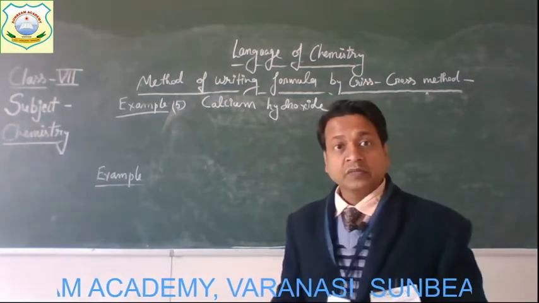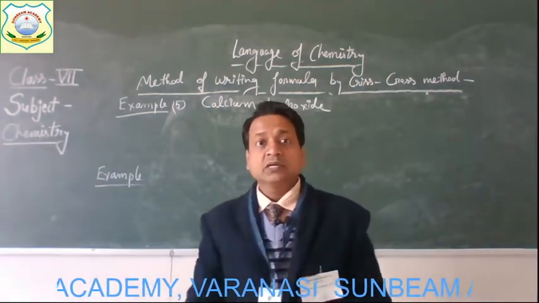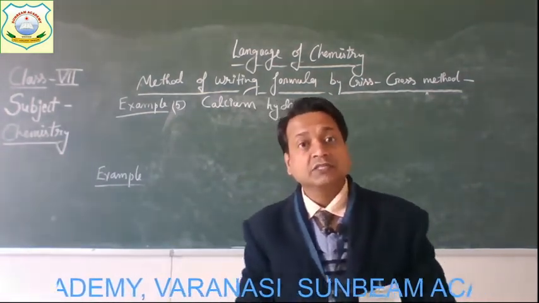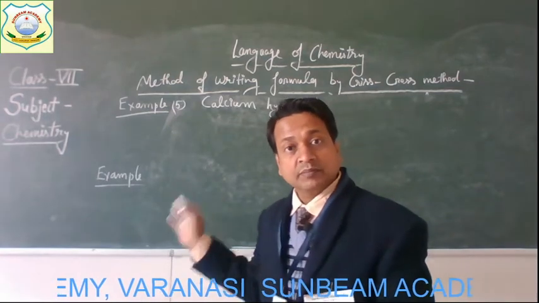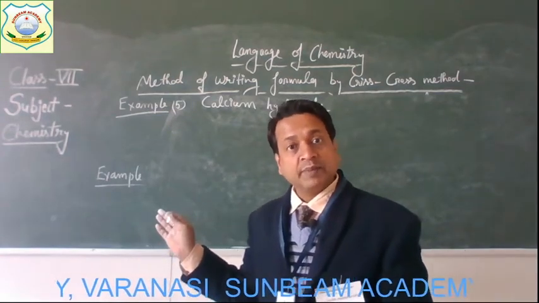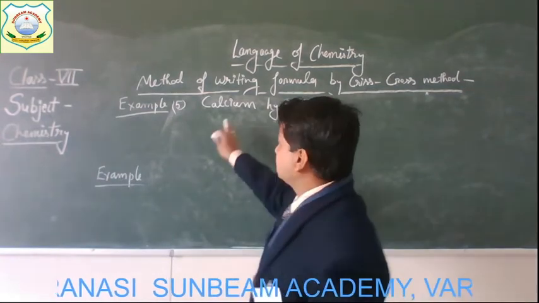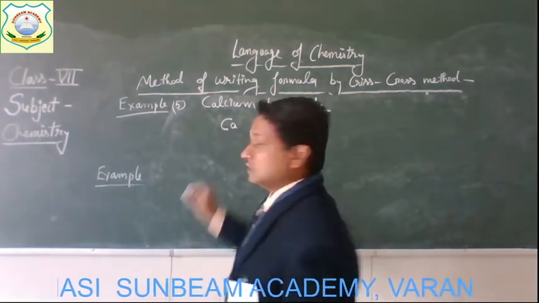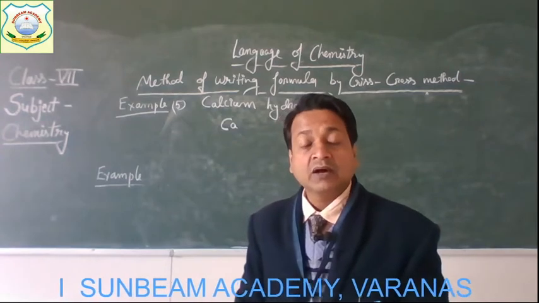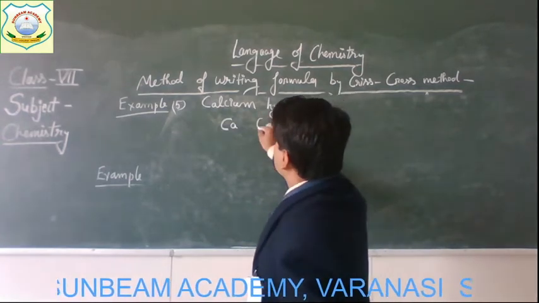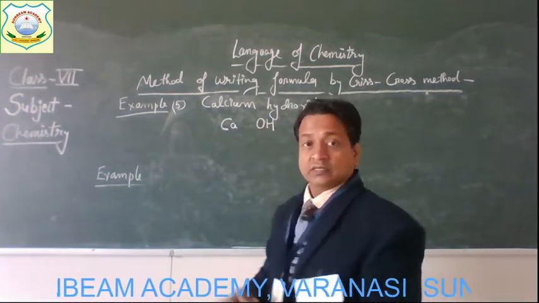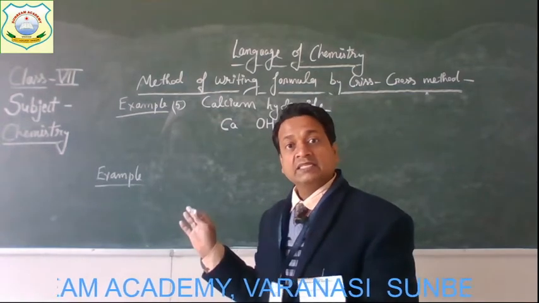Okay children. According to the rule, the first step is we will write the symbols of these two side by side with valencies at the top. The symbol of calcium is Ca and the symbol of hydroxide is OH. Now write the valencies at the top.